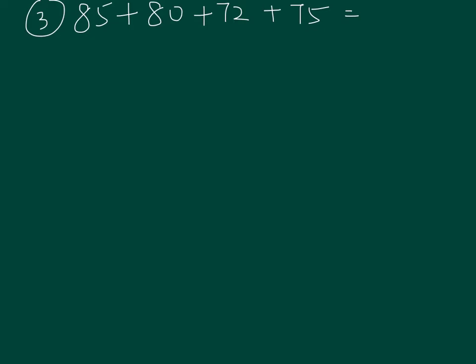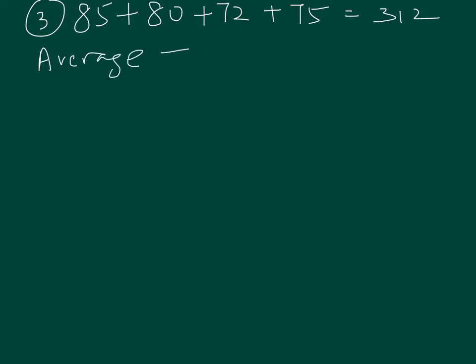Okay, now we look at question 3. The table below shows the scores of 4 pupils in a test. Who has a test score that is closest to the average score of the 4 pupils? Alright, so we take Ali's 85 plus Bala 80 plus Charlie 72 plus Delwin 75. Their total scores will be 312.